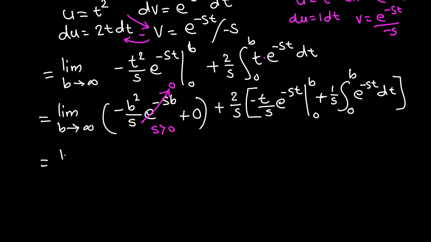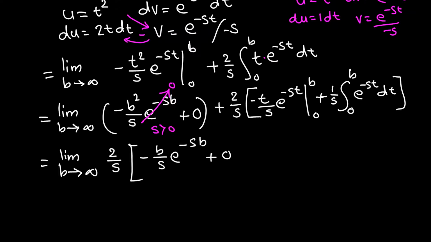So this is limit b going to infinity of, let's evaluate upper limit minus lower limit here. This is 2 over s outside, upper limit t equals b, so negative b over s e raised to negative sb, minus lower limit, plug in t equals 0, but t is 0, so everything is 0.